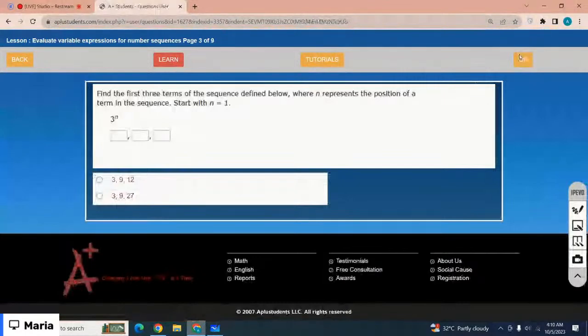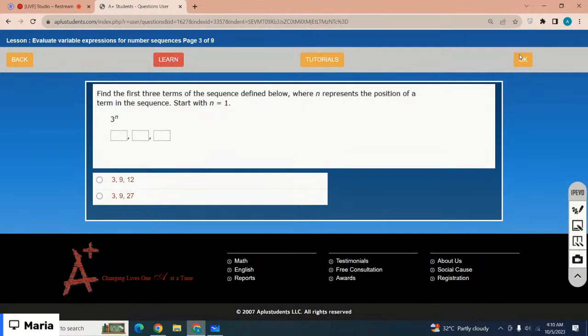Okay, find the first three terms of the sequence defined below, where n represents the position of a term in the sequence. Start with n equals 1. So which option is the correct one? Which is the correct sequence? Just replace n with different values 1, 2 and 3, right? So which is the correct option?